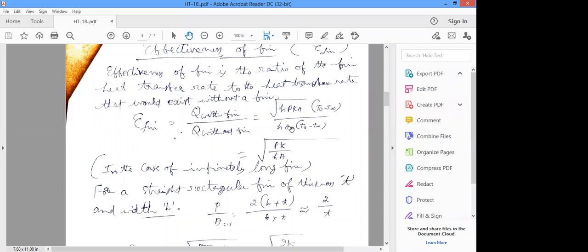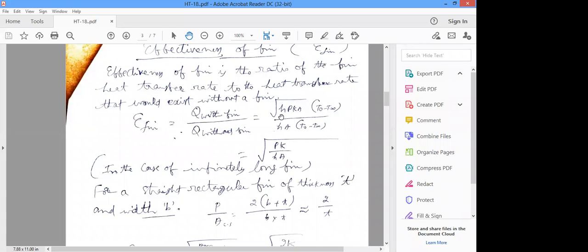With a fin, the entire surface area is not at base temperature, but if there is no fin, the area is just the cross-sectional area. So without fin, the heat transfer rate is hA into T naught minus T free stream, with A the cross-sectional area.